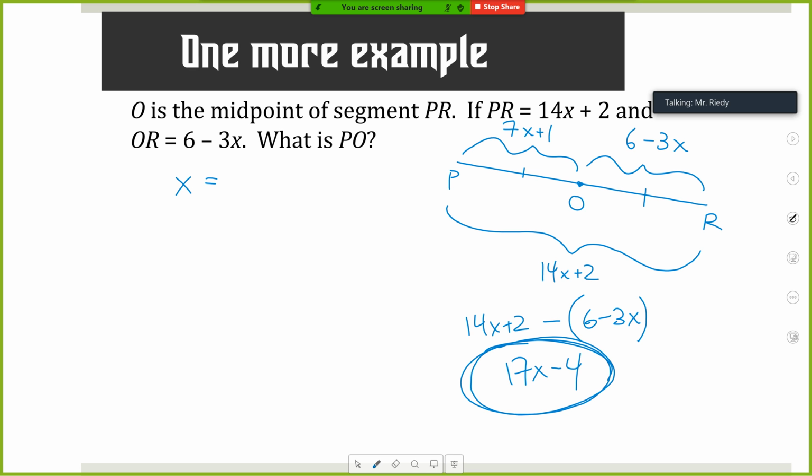So you've just created a monster that I love. This is a different way to solve the problem, which I didn't consider. So let's back up for everybody if you're not following what's happening. I asked her how long PO was, and she said it's half of this, which is perfect because it's a midpoint. So half of 14x plus 2 is 7x plus 1. Okay, Rachel, what do you know about PO and OR?